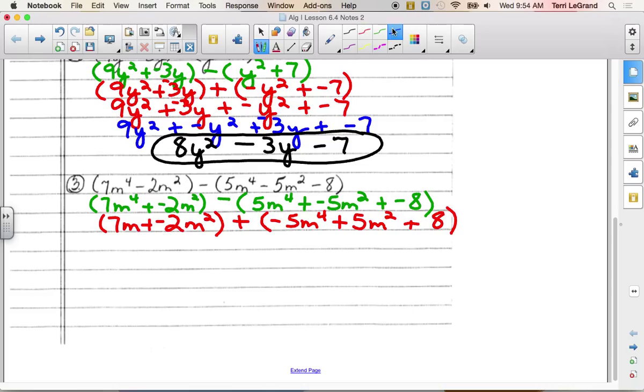Okay, what would be first in standard form? 7m to the 4th. Oh, this would be to the 4th power. I missed that again. Oh my goodness. Okay, 7m to the 4th power. And so let's have the m to the 4th powers get placed first in our rearranging.